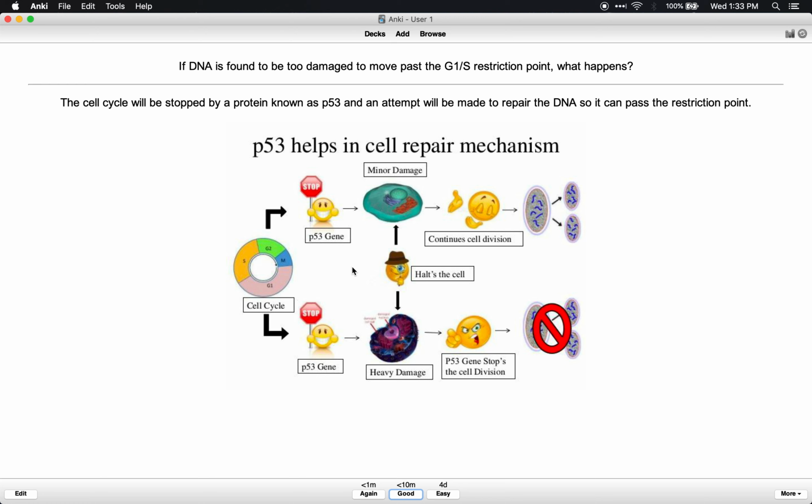So p53 will stop it and try to repair the DNA.